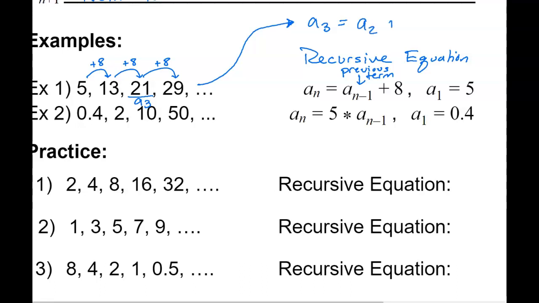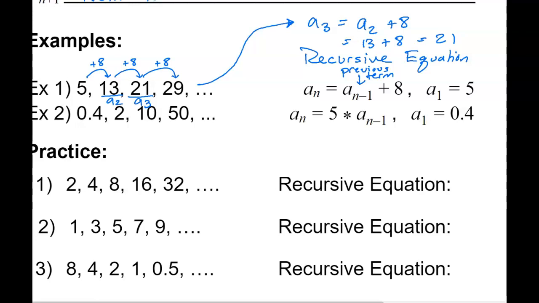A sub 2 plus 8. What was the a sub 2's value? 13. So we would do 13 plus 8 and get what? 21. This is how we can use the recursive equations. As long as we have the previous term, we can know our current term.